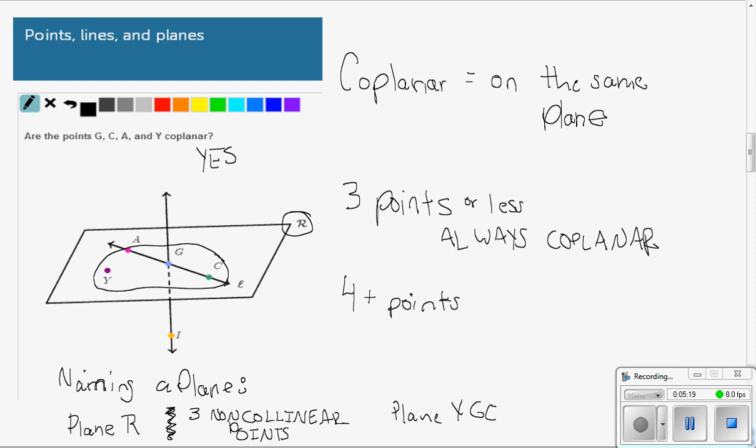We could have points A, G, and Y. We could also have points A, Y, and C. But again, they have to be non-collinear.